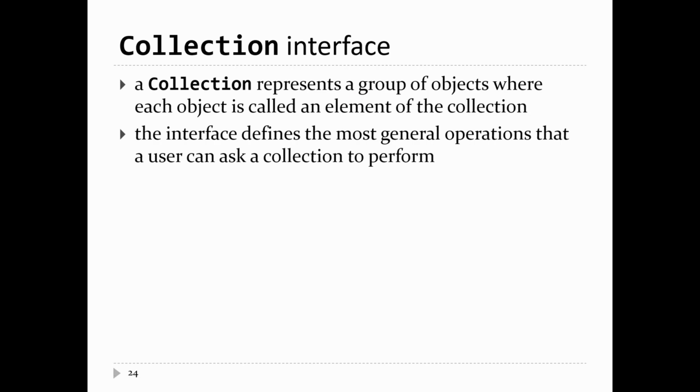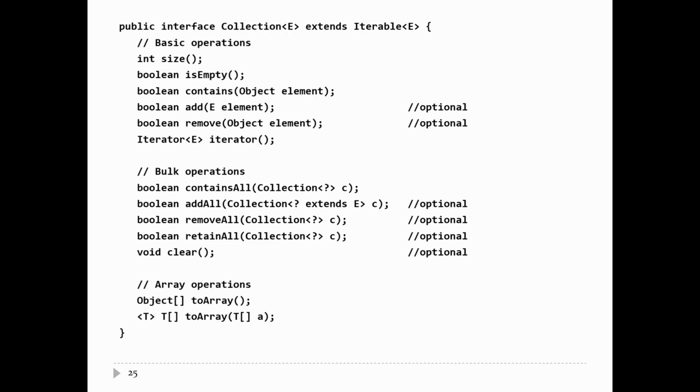A Collection represents a group of objects where every object is called an element. The Collection interface defines the most general operations that you can ask the collection to perform. If you think about it, I've got this group of stuff, what are the most general operations I can perform on it? Well, I can ask how many items are in this group, so that's size. I can ask, is this collection empty?